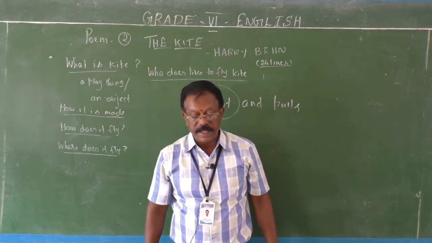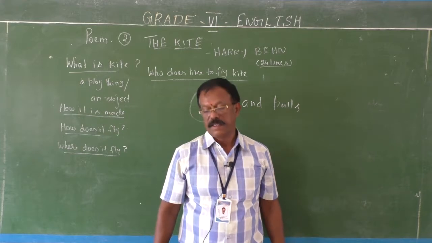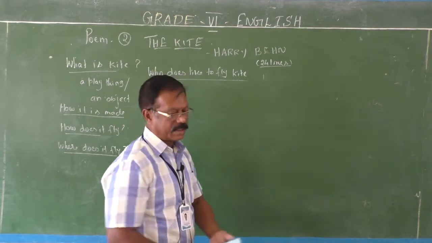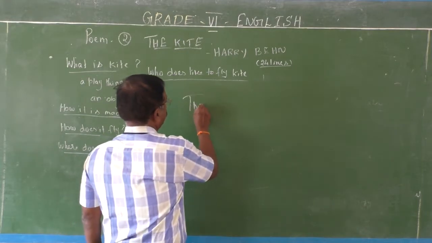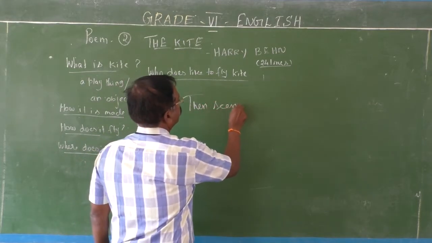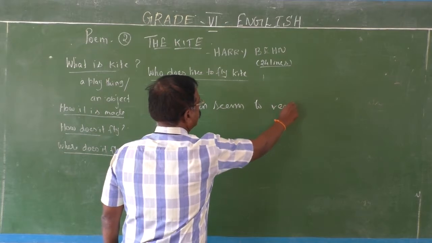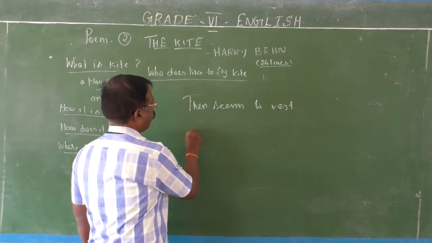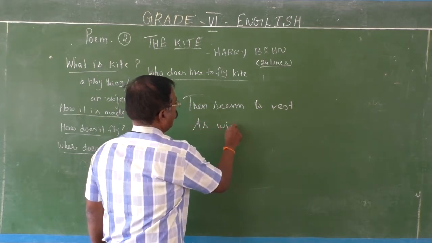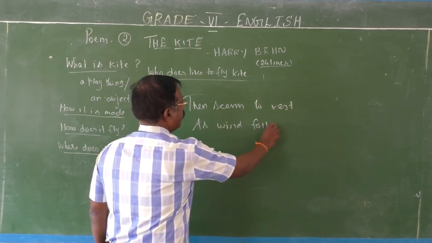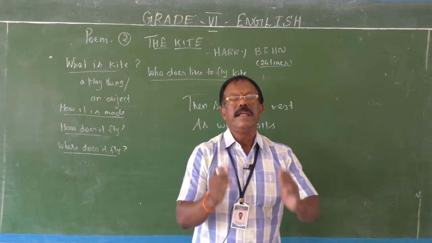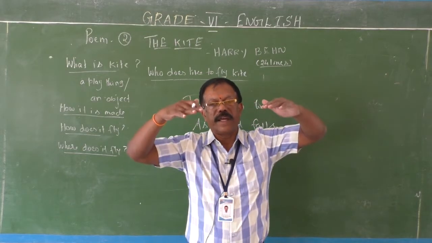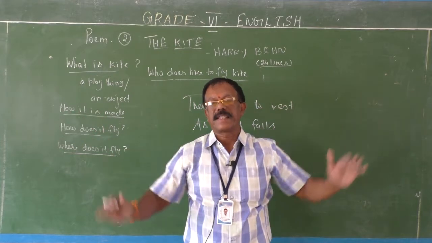Then seems to rest as wind falls. Here what happens? As I told you in the beginning of this poem, the kite does not fly at the same height in the sky.